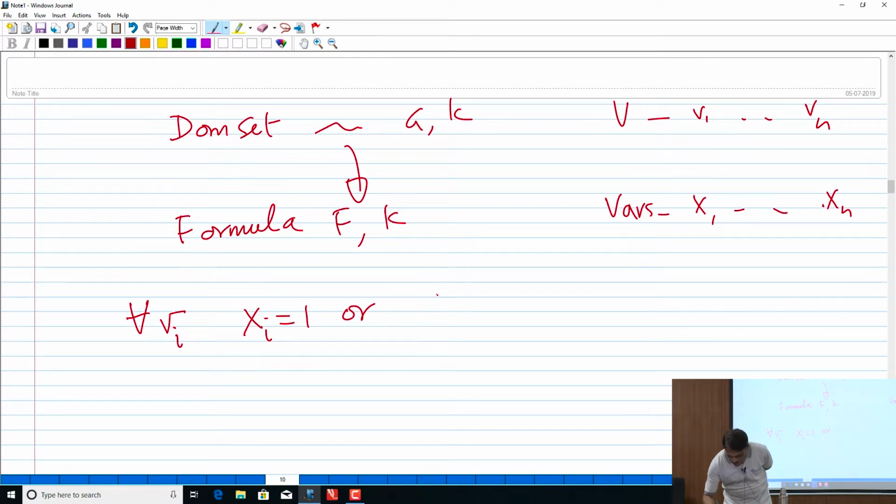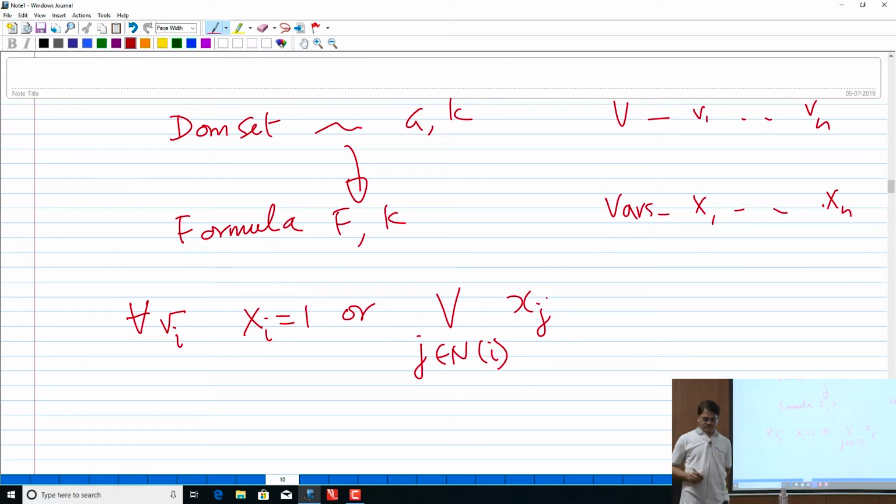Or of j in neighborhood of I xj. This is what I want. For every vertex Vi, either xi should be 1, the vertex is in the dominating set, or one of its neighbors x value should be 1.